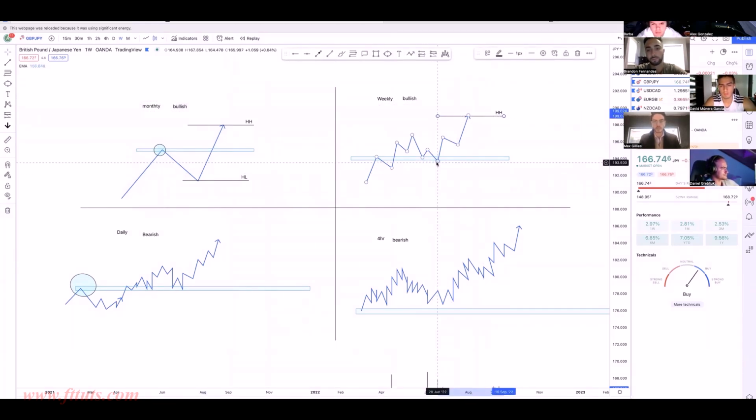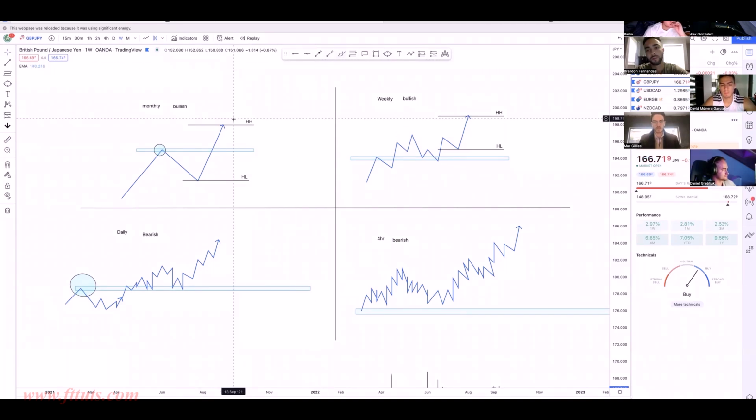What would this point right here be? Nothing, exactly, nothing. This would be the higher low. The higher low is the last point that broke out of the points, okay? So this would be the higher low.